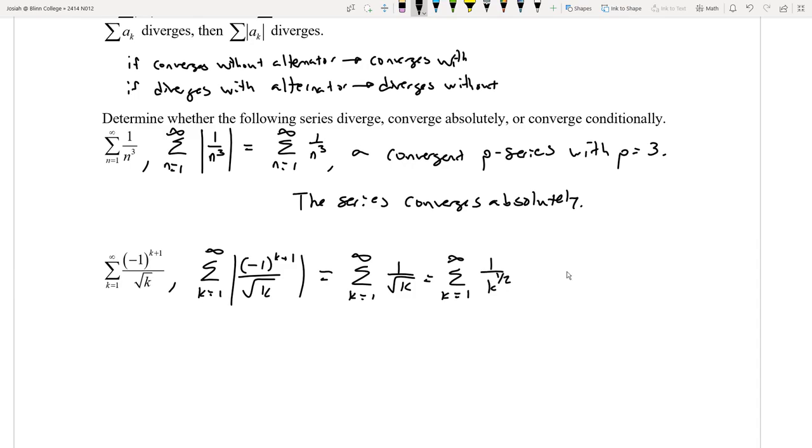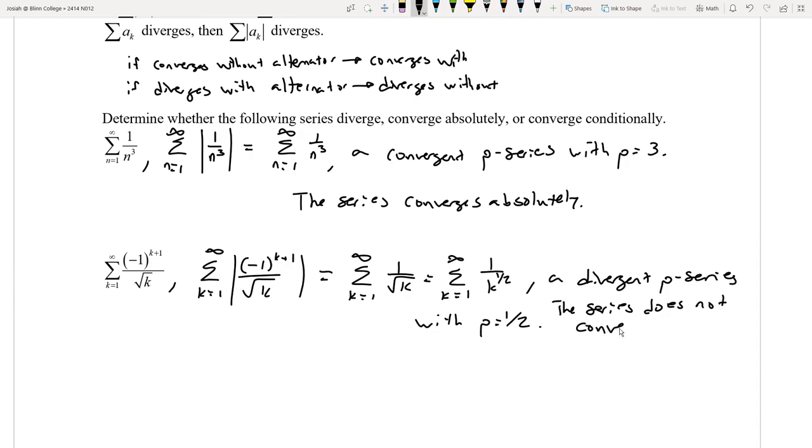That's another p-series, but in this case, p is 1/2. So this is a divergent p-series with p equal to 1/2. What that tells us is the series does not converge absolutely.